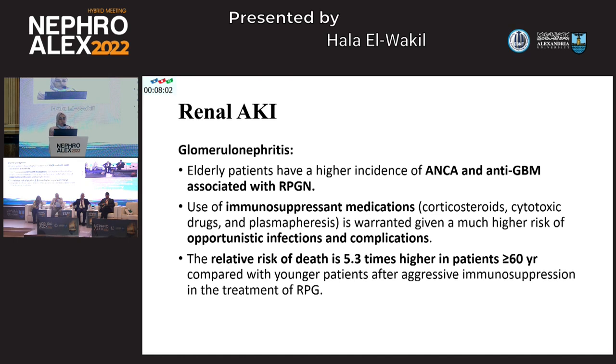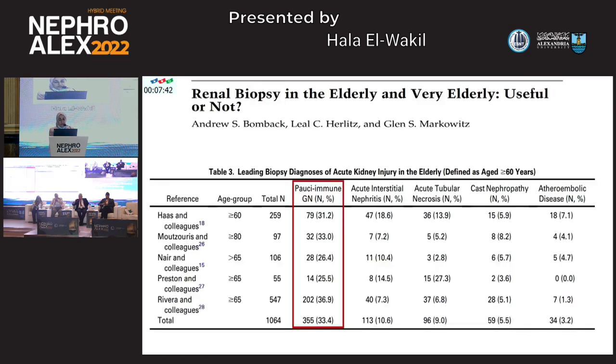The use of immunosuppressant medications like cytotoxic drugs and plasmapheresis in elderly is worrisome because of the higher incidence of complications, especially opportunistic infection, and this raises the relative risk of death in such a population to 5 times higher than the younger population.